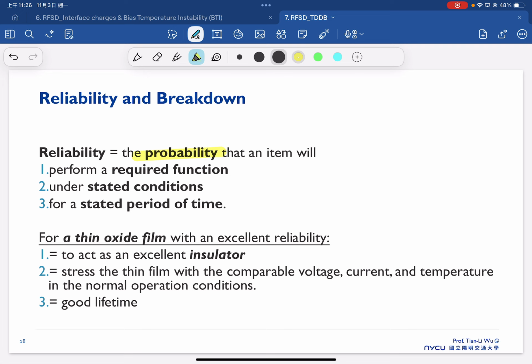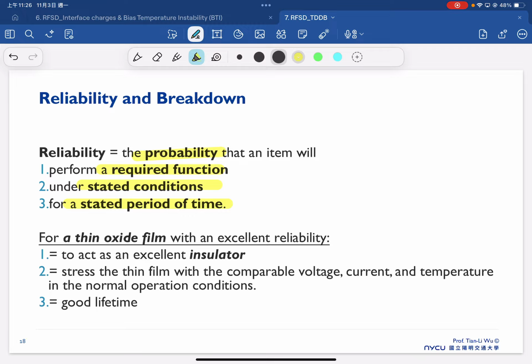I think so far everyone in this classroom should be able to fully understand that reliability is highly related to the probability that an item will perform a required function under certain conditions for a certain period of time.